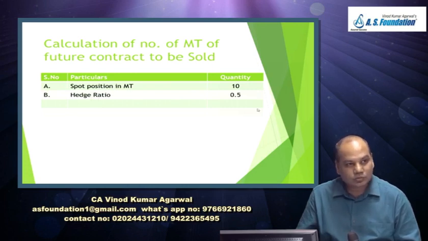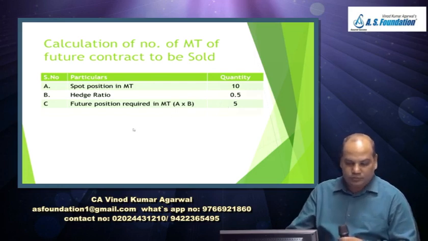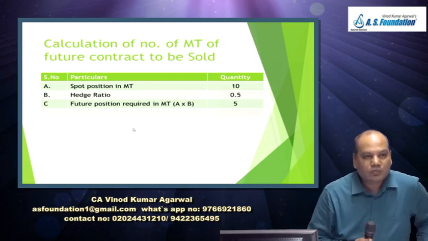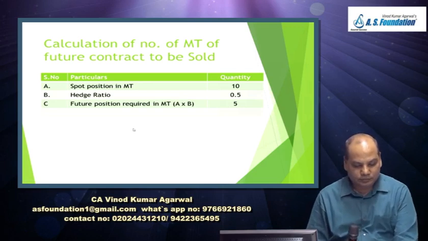Hedge ratio 0.5. Multiply: future position required in metric ton, A into B, is 5. Future position required in metric ton is 5.